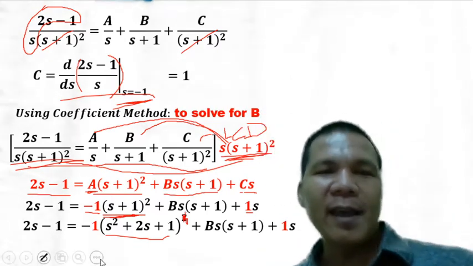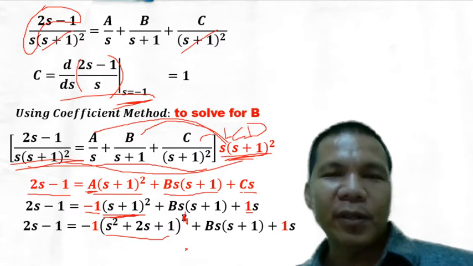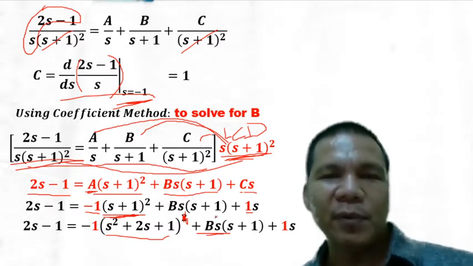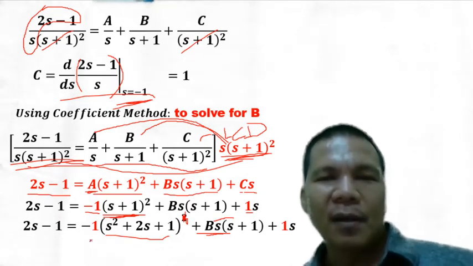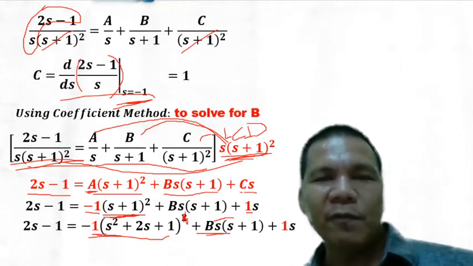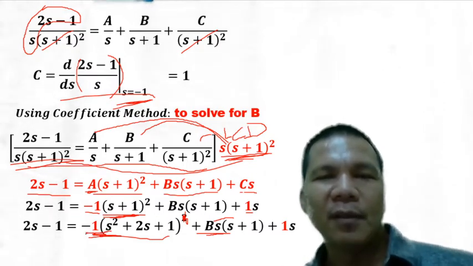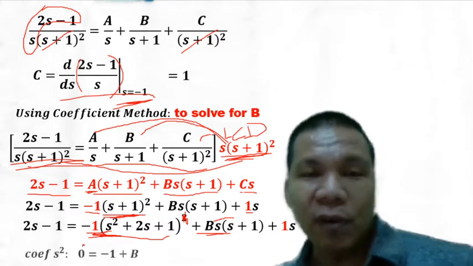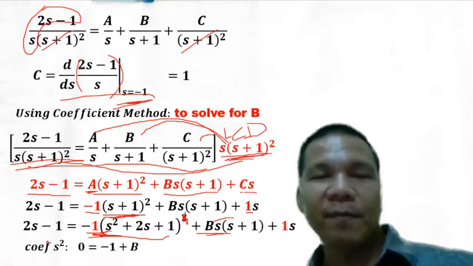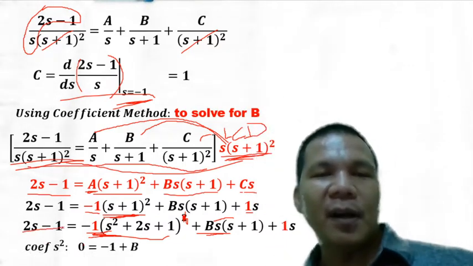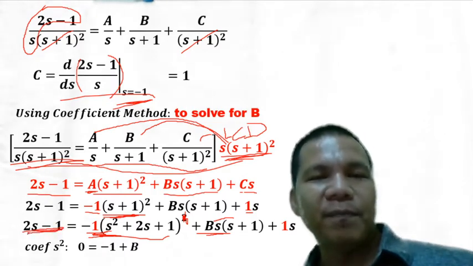All right, then we are going now to solve for b. Take note, if we distribute b here, this will become b s squared, right? And the coefficient of s squared here is negative 1, right? Now, if we are going to solve for the coefficient of s squared on the left side of the equation, we don't have s squared here. So we put 0.